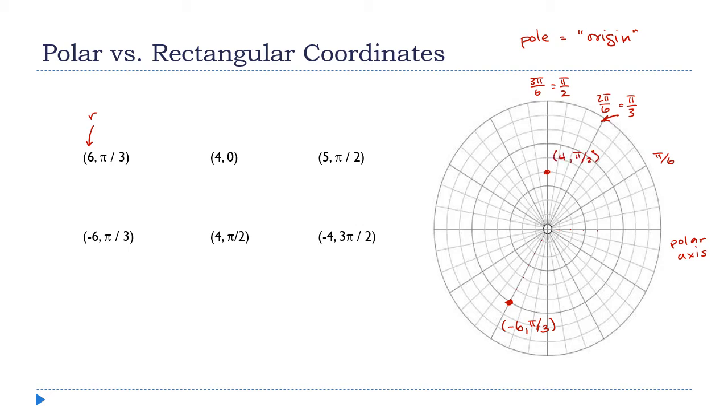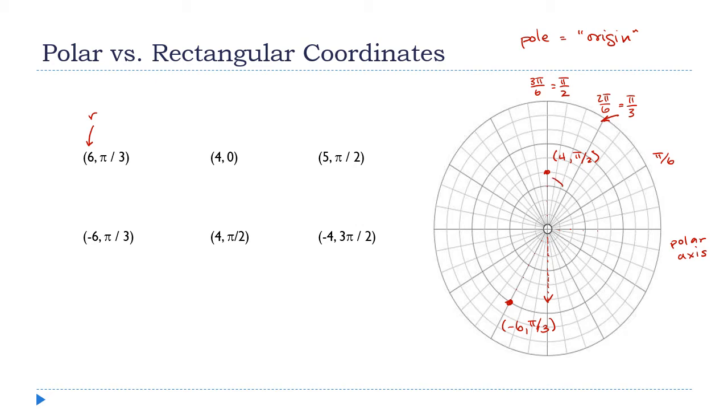Now, I picked that one on purpose. Let's take a look at the next one: -4 comma 3 pi over 2. Okay, 3 pi over 2 is 270 degrees if you have to think of it that way. So that's this line here. But instead of going in the positive direction, I'm going to go the other way 4 units: 1, 2, 3, 4.